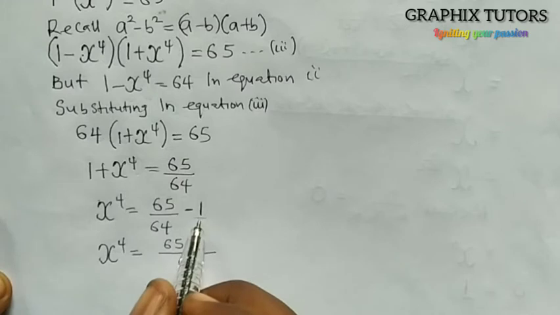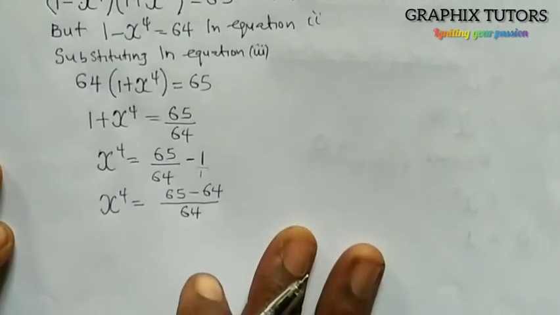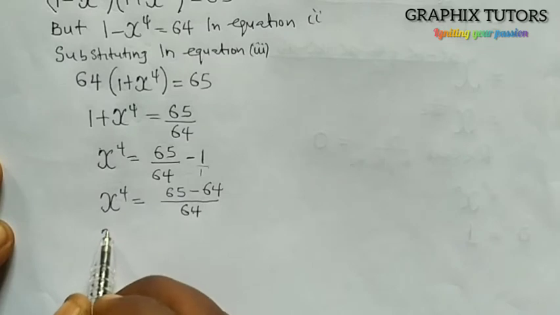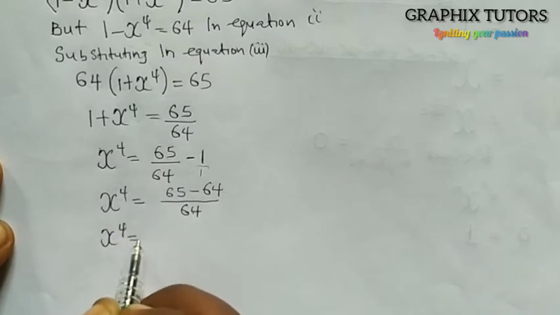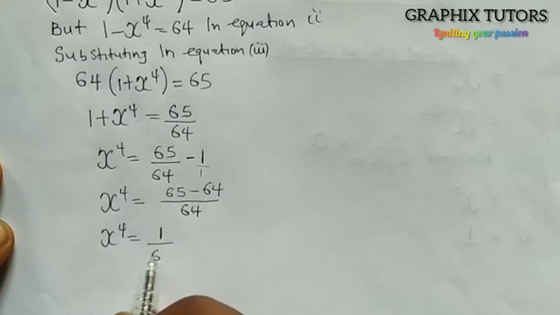Minus, I have a silent 1 here. 1 in 64 is 64. 64 times 1 is 64. So from here, the x^4 will now be giving us 65 minus 64, which is 1 all over 64.